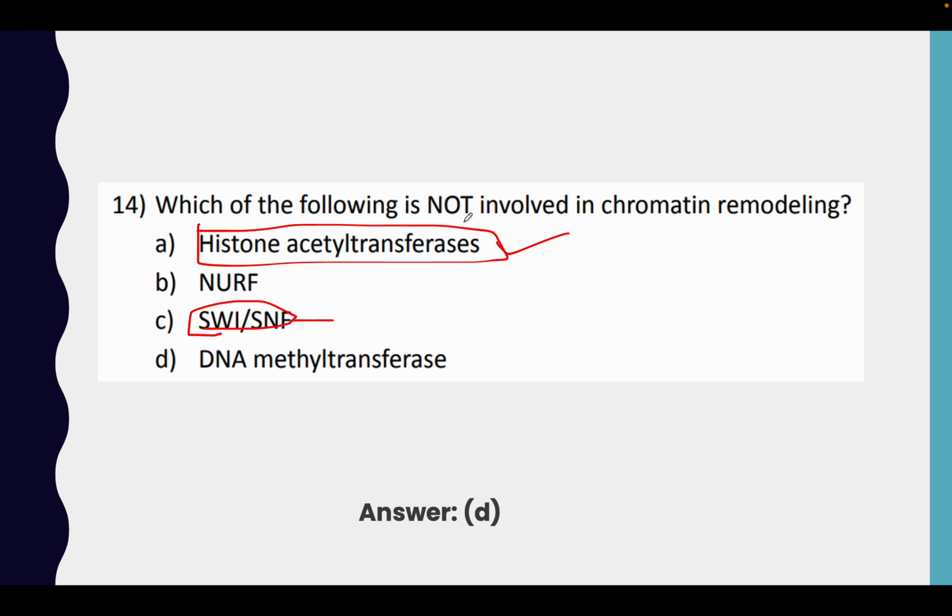So it is asking which of the following is not involved in chromatin remodeling. So this is involved, this is involved.